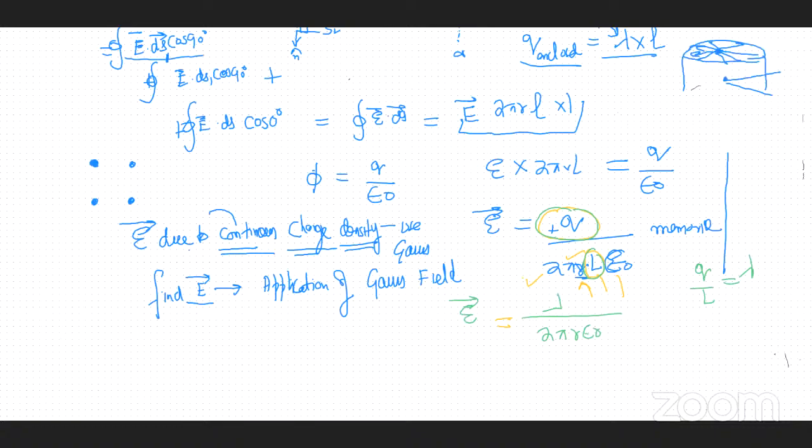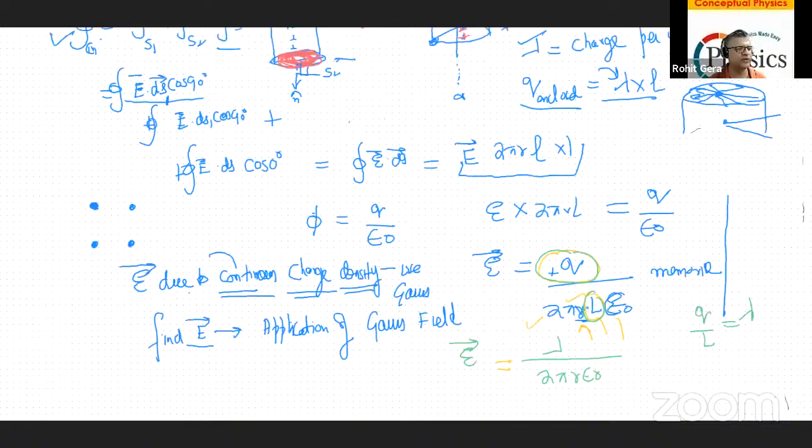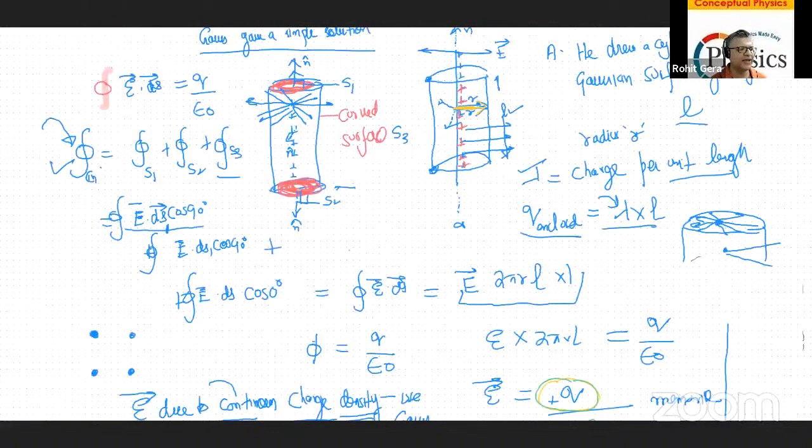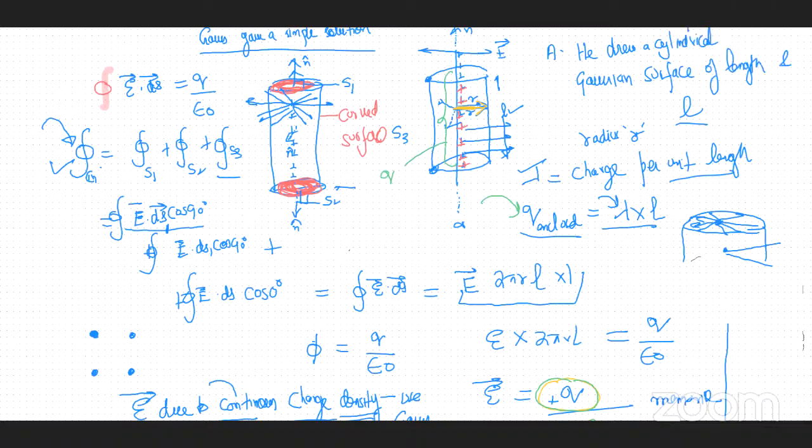Because what is this Q? The Q which we are talking about is the charge enclosed, right? So this cylinder is enclosing some charge. The whole charge is Q. Obviously, it is not a point charge. It is a linear charge. It is distributed on a line.